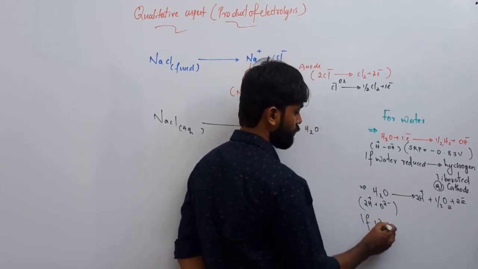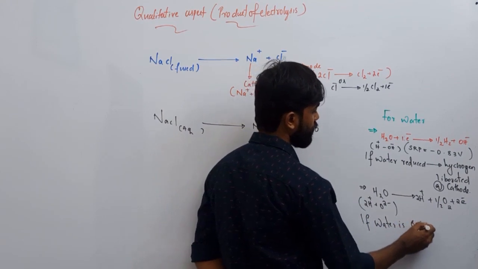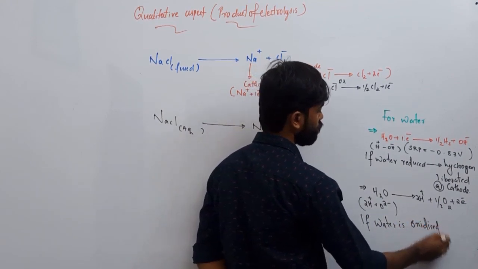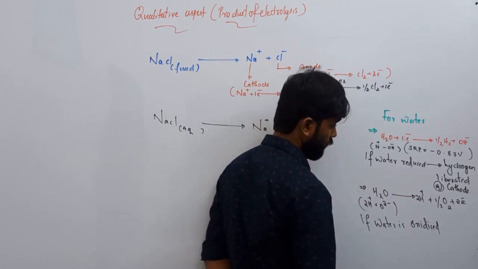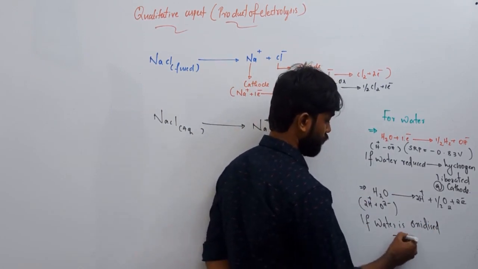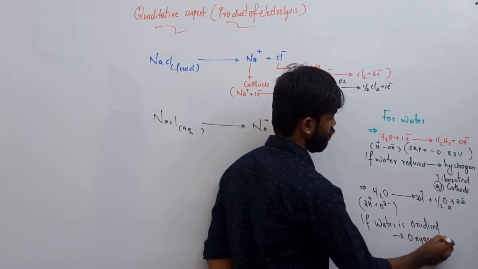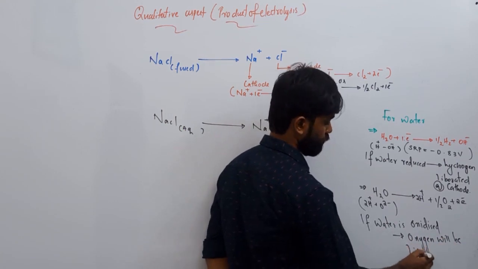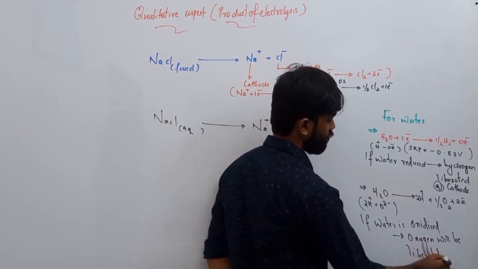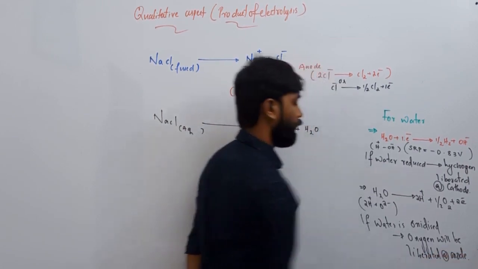So it is clear that if water is oxidized, here the reaction is oxidation because of loss of electron, right? If water is oxidized, then oxygen will be liberated. Since it is oxidation, the liberation will be at the anode.